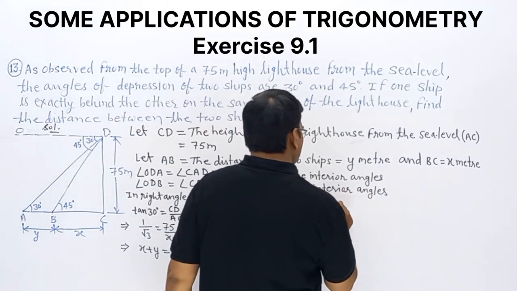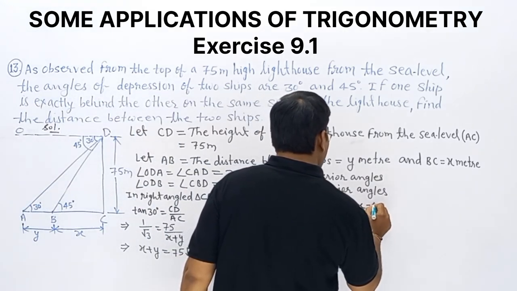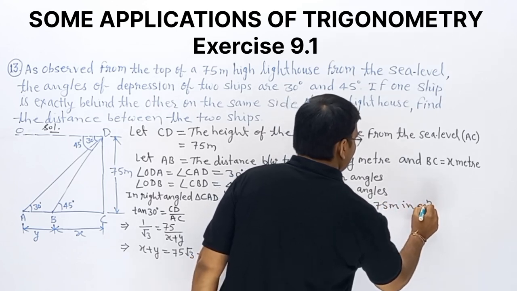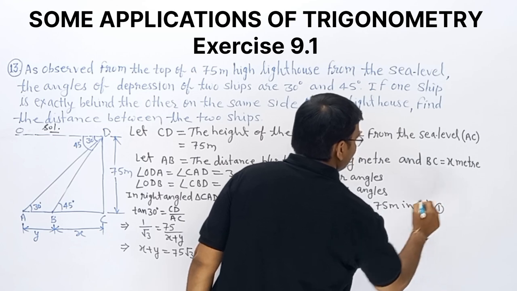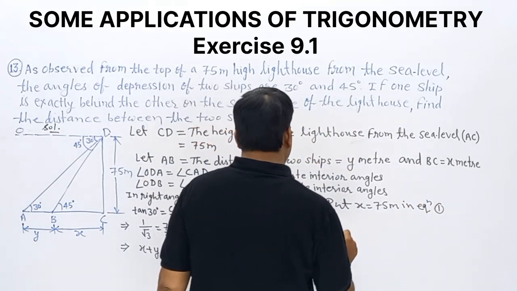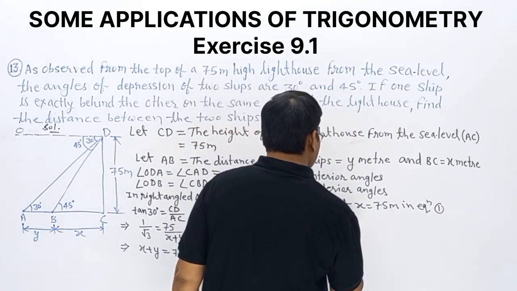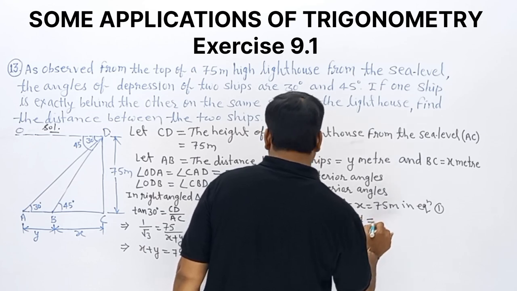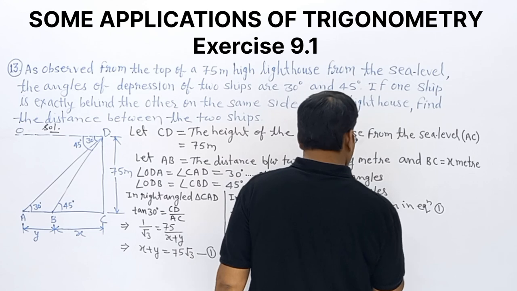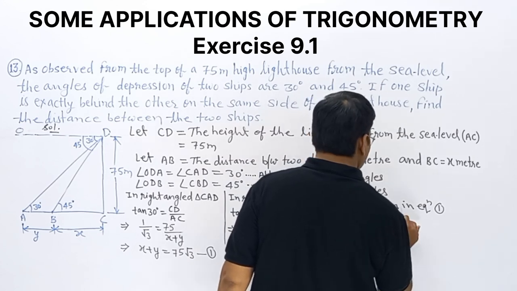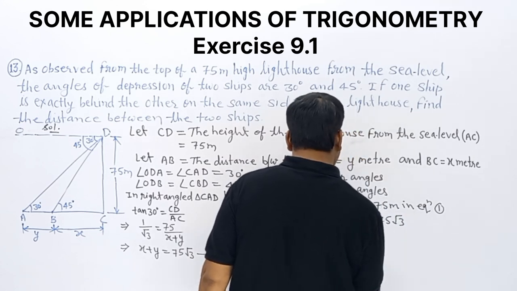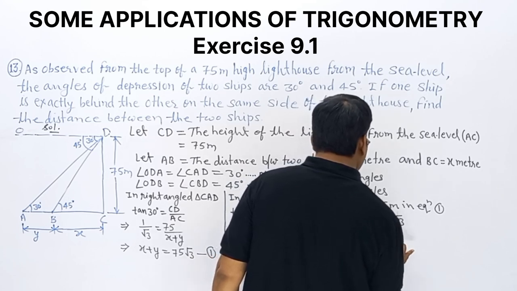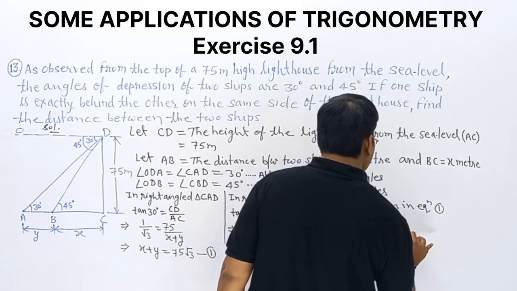Put x equal to 75 meter in equation 1, then what will be the result? x equal to 75 plus y, and this y we want, so we will solve for y. y equal to 75 square root of 3 minus 75.